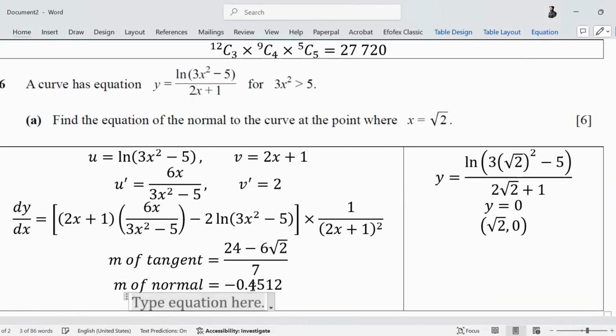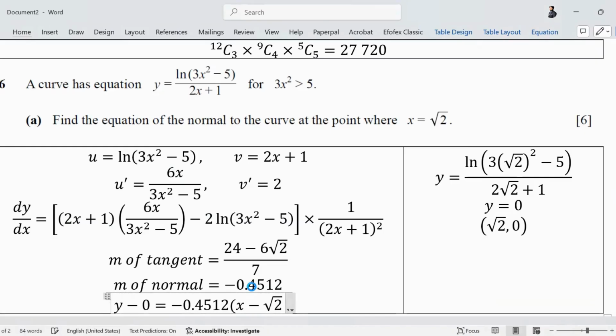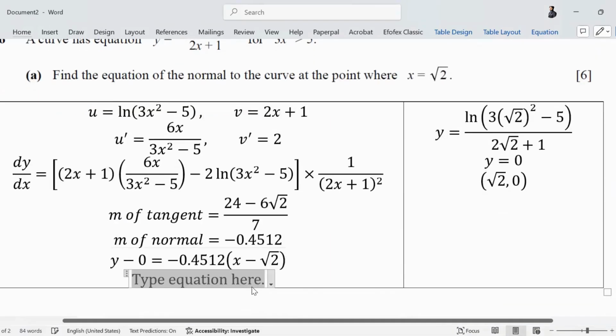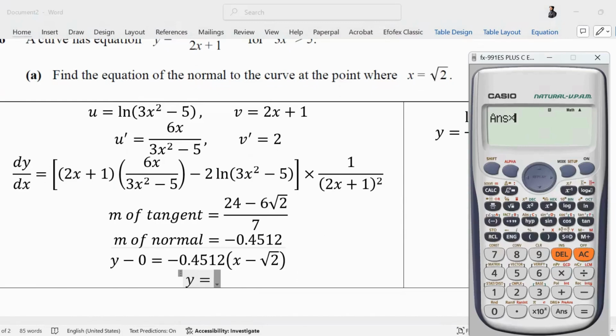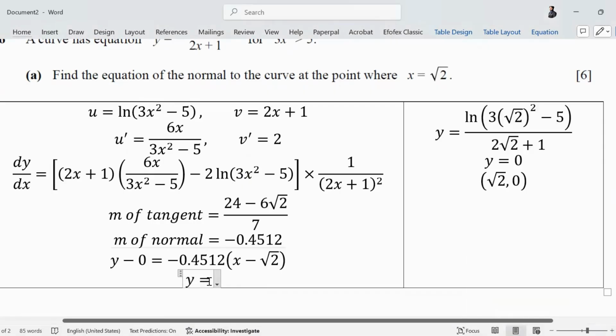So now y minus y1 is equal to m into x minus x1, sorry. y is equal to, if I multiply this answer by root of 2, it will give me this value of minus 0.6381.